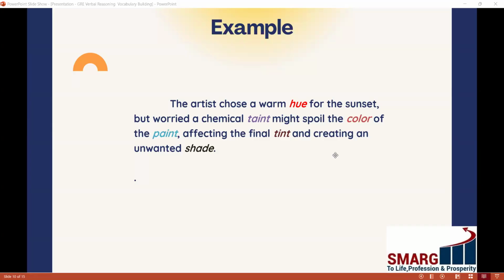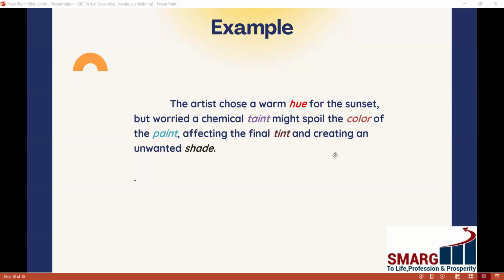Now, when I come to hue, hue happens to be again very good. Shade again related to it, but a hue is a very specific shade or tone of a particular color. So a warm hue for the sunset means hue will be used, let's say by the painter, to talk about a very particular color code जो हम बोलते हैं, right?